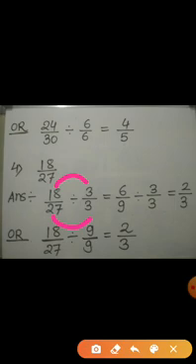So when we divide 18 by 3 we get 6, and when we divide 27 by 3 we get 9. The fraction is 6 upon 9, but this fraction is not in the simplest term, not in the lowest term, right? Hence to reduce it to the lowest term, we need to further divide both numerator and denominator by the same number. So when we divide numerator and denominator by 3, we get 2 upon 3. And now 2 upon 3 is the fraction which is in the lowest term.